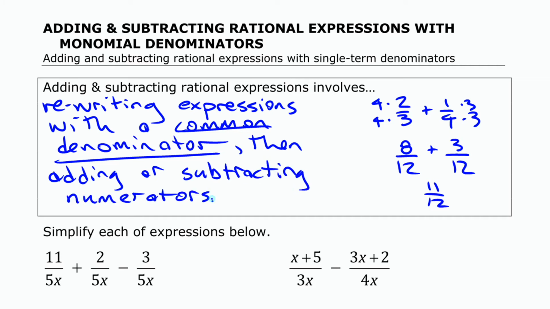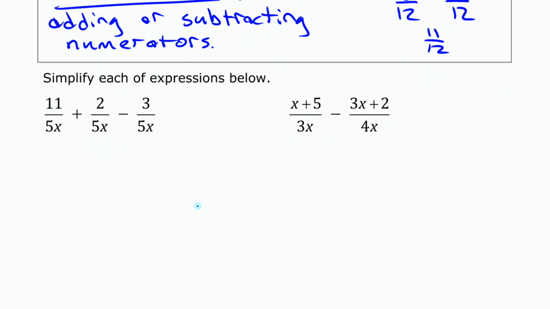All right, so let's look at the first few here. This one actually already has a common denominator all the way across. The denominator is 5x on all of them. So we can just write it as a single fraction with one denominator like this.